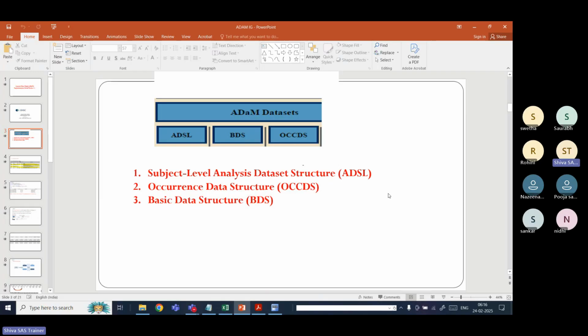Under the BDS, I worked on ADLB or other data sets. Under the OCCDS, I worked on ADAE, ADMH, and ADCM. Under ADSL, I did the ADSL data set creation. In this way you can answer. So they know this candidate also knows the implementation guide rules. Other candidates directly say ADLB, ADAE like that.